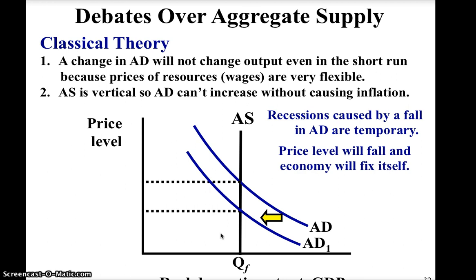And the economy will fix itself because those lower costs will lead to cheaper products, which will increase aggregate demand back up to its former place, and no government involvement is required. So basically there are short movements of aggregate demand, but aggregate supply does not change. Okay, that is the classical theory.